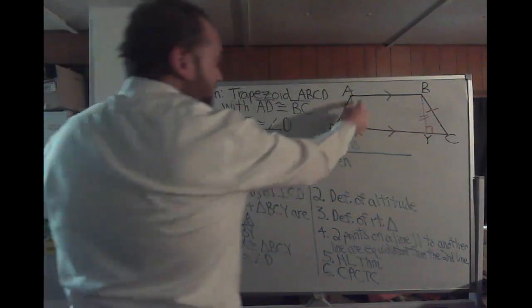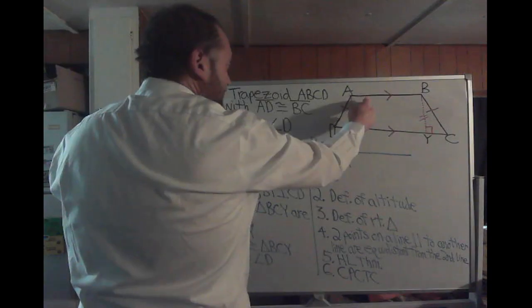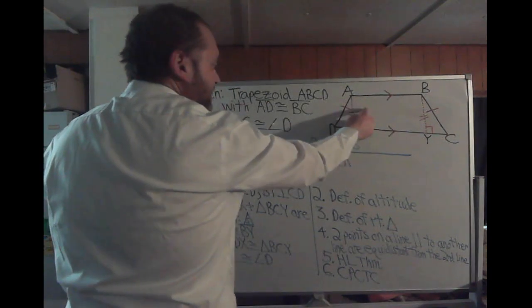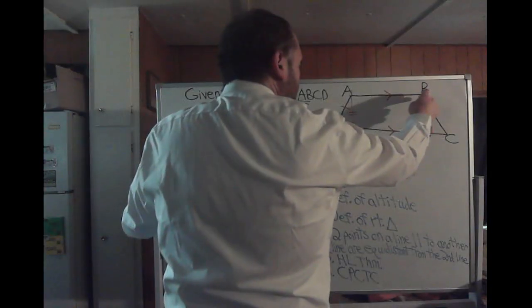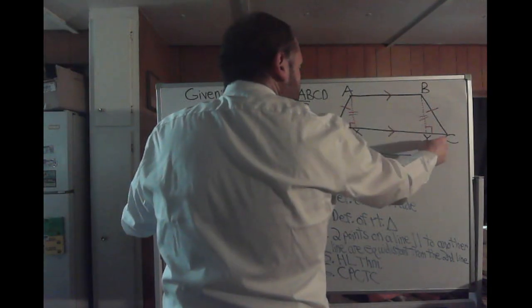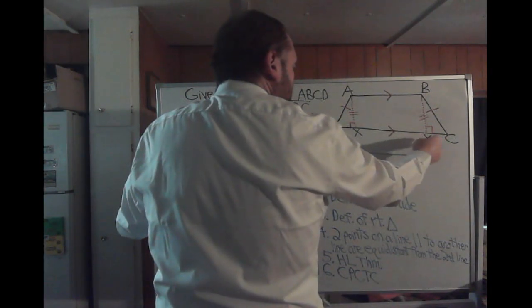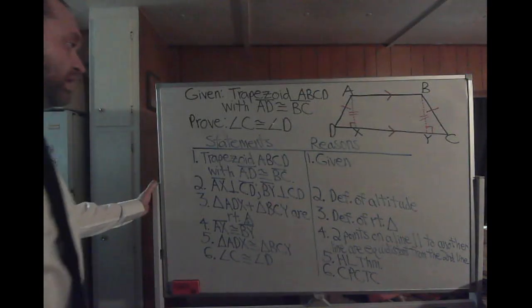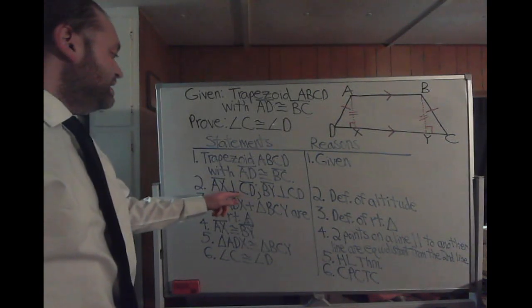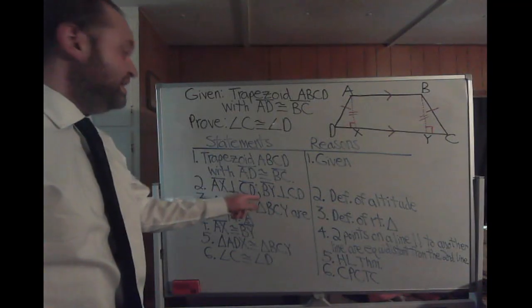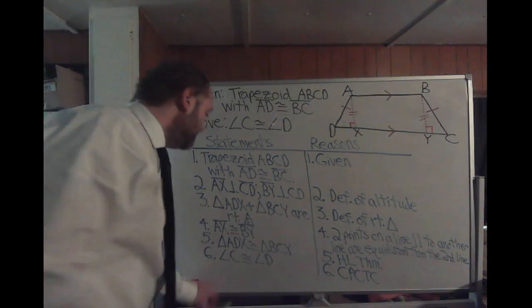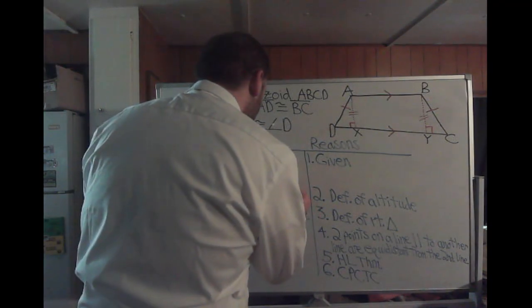We call the point where the auxiliary line from A meets CD X, and the point where the line from B meets it, Y. We can go on to say that AX is perpendicular to CD, and BY is perpendicular to CD by the definition of altitude.